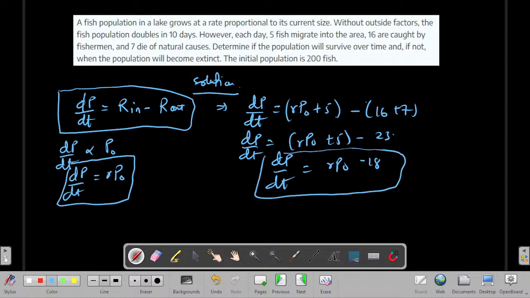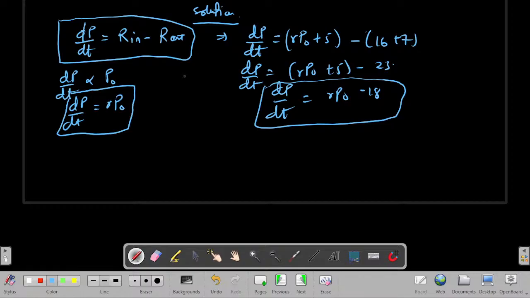But before we can solve this differential equation, remember we need to find a value here, which is r. So let's get rid of that r and see how best we can solve this problem. We can get rid of this r by solving our first differential equation, which is dP/dt equal to rP naught.